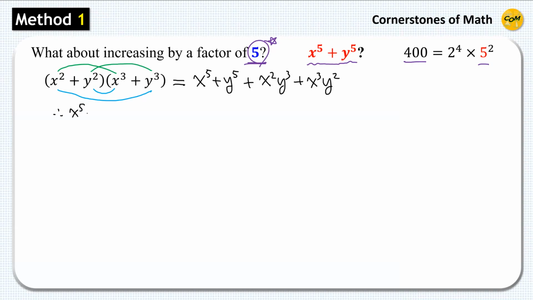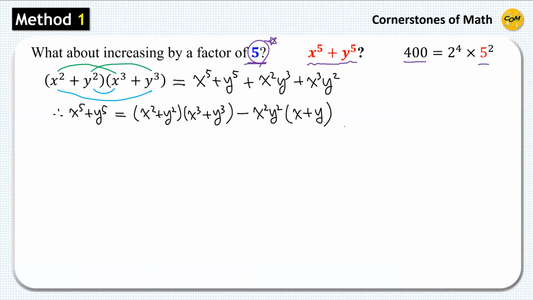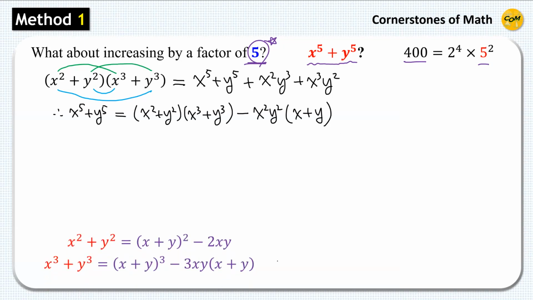Therefore, x to the power of 5 plus y to the power of 5 is equal to x squared plus y squared times x cubed plus y cubed, then minus, we have the common factor x squared y squared, then times x plus y. And now it's time we apply the previously mentioned basic formulas.